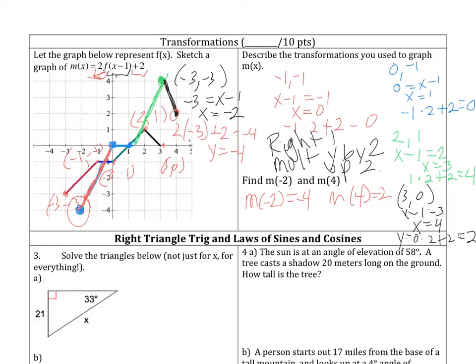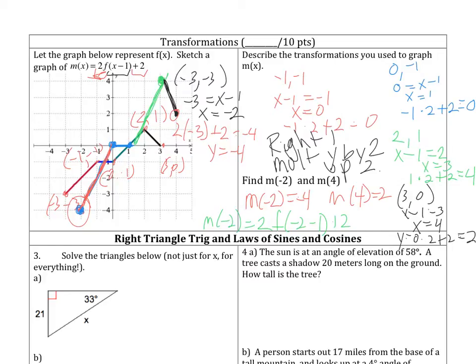As an alternative, let's say you didn't know how to graph this thing. I could just plug that in. So m of negative 2, I could write as 2 f of negative 2 minus 1, and then plus 2. Sorry for running over the next lines.